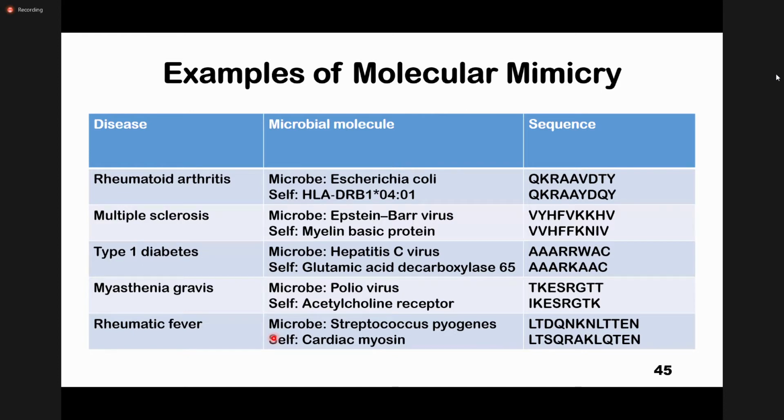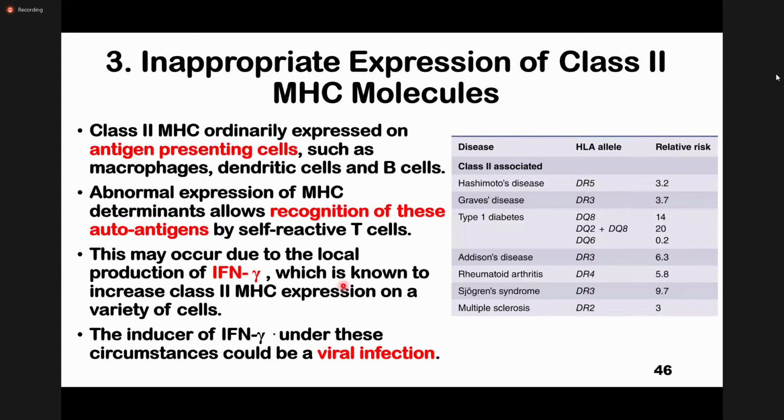Now, inappropriate expression of class 2. Class 2 is expressed on APCs such as macrophages, dendritic cells, and B cells. When it is expressed, it recognizes the autoantigens through your reactive T cells. Then there is production of interferon gamma and then expression of the MHC.